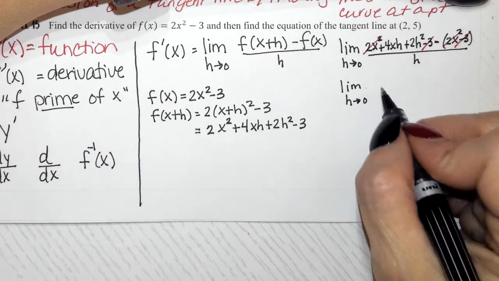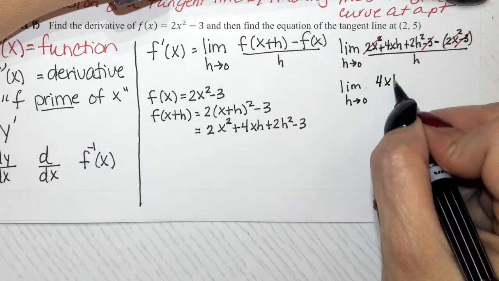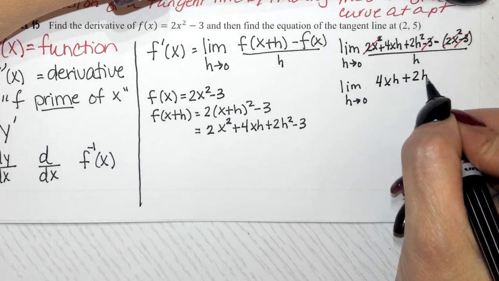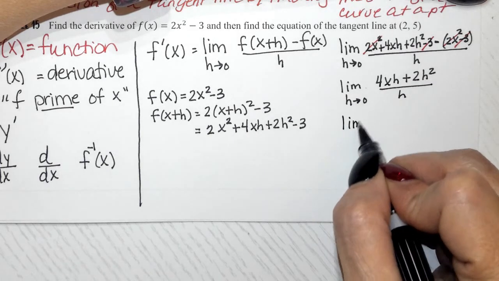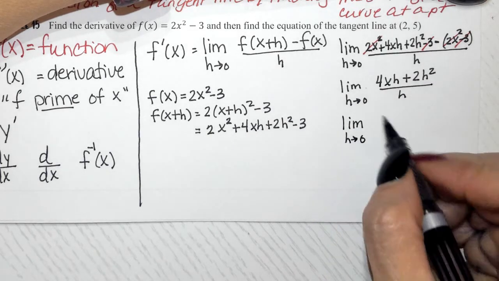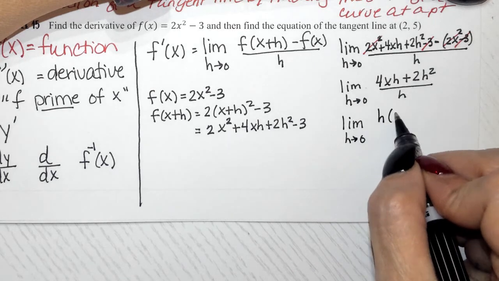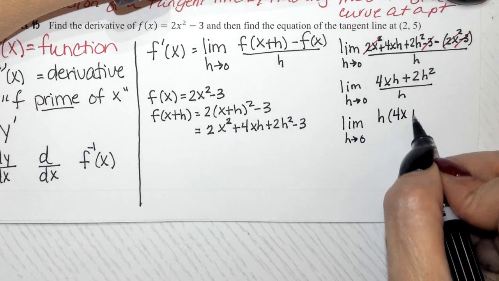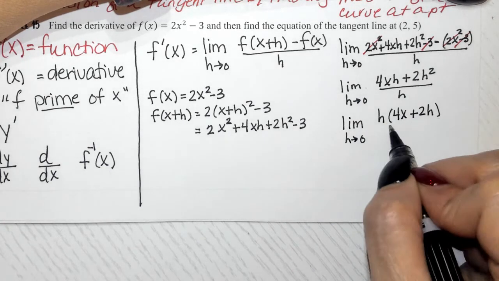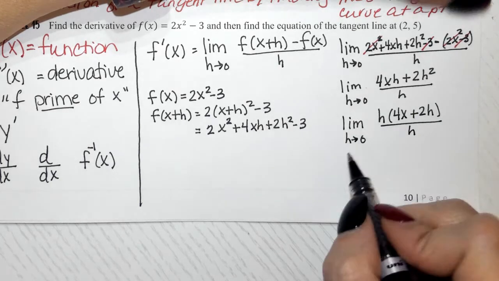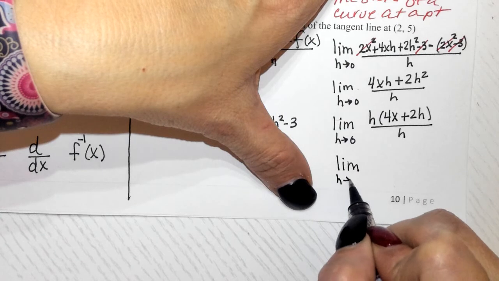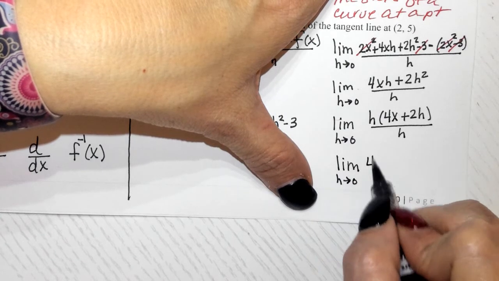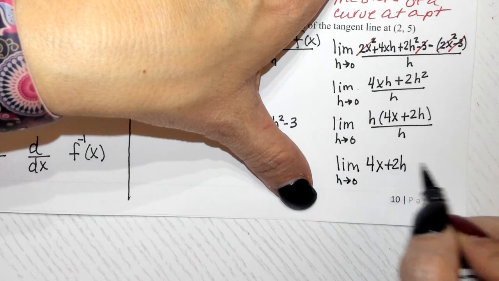So what's going to end up happening is I'm going to have 4xh plus 2h squared all over h, and so that's going to leave me with the limit as h approaches 0. I'm going to have an h out here with a 4x here plus 2h here all over h. My h's will cancel out, and I'll end up with the limit as h approaches 0 of 4x plus 2h.